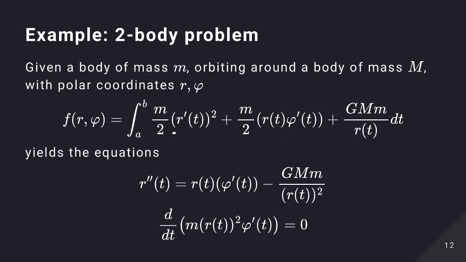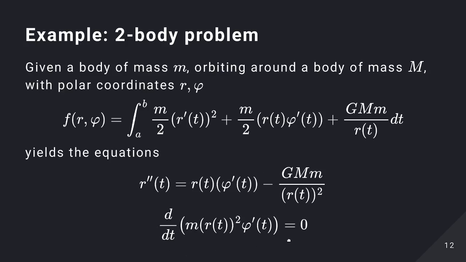Sorry, this here is the kinetic energy, and this is the potential, and this is the kinetic energy again, which I may have forgotten to square. Sorry. If you apply the Euler-Lagrange equation to this, you get these two equations, with the bottom one being one of Kepler's laws.